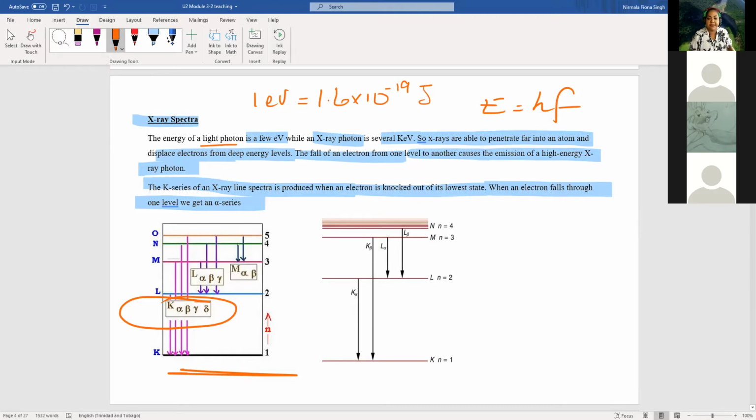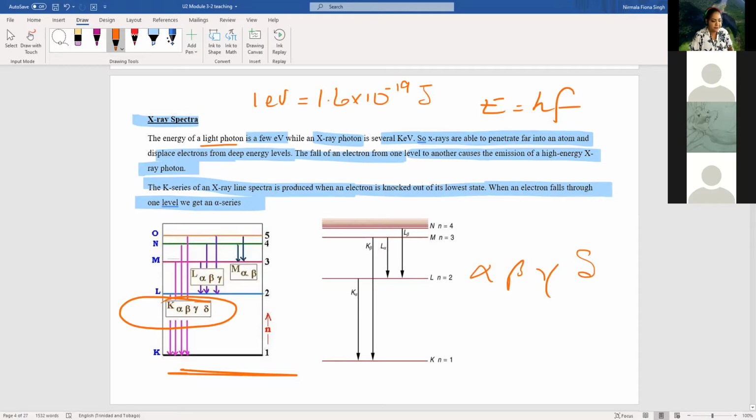So our first type of X-rays, which is the most powerful ones, are the K series. The K series are the electrons that fall down to your very lowest level, closest to your nucleus. And then we have four types of K series: alpha, beta, gamma, and delta. This simply indicates which level it falls from.